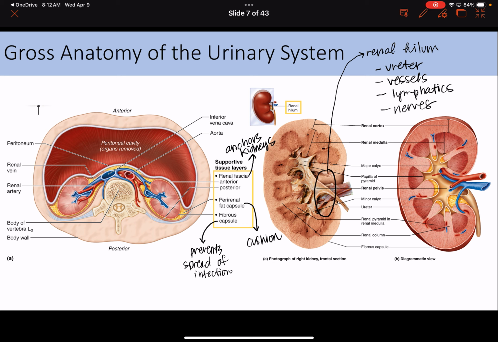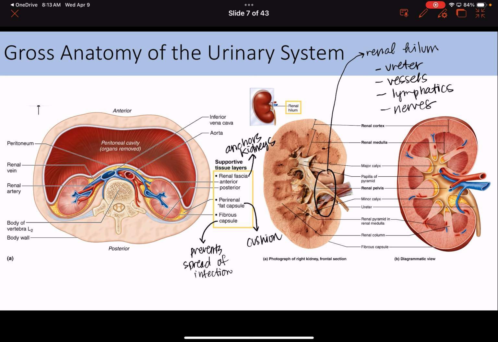So one clinical application about this fat capsule or cushion is that, I don't know if you've heard this, but healthy weight loss is about 1 to 2 pounds per week if you're trying to lose weight. If you're losing weight too fast, it can cause you to lose that fat capsule.